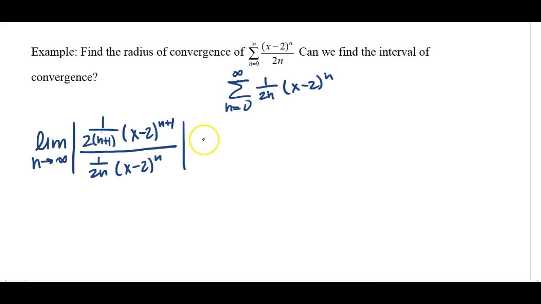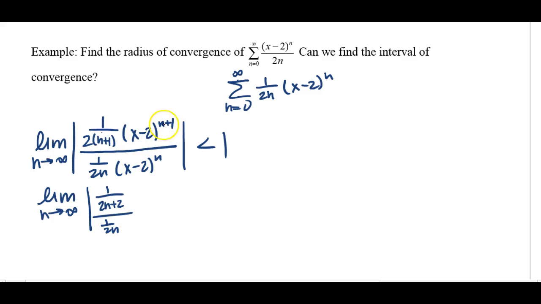I need this to be less than 1. So let's simplify now. I'm going to end up getting the limit as n approaches infinity of 1 over 2(n plus 1), which is 1 over 2n plus 2, over 1 over 2n.